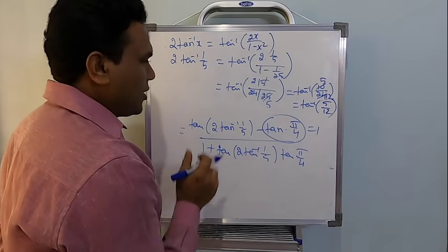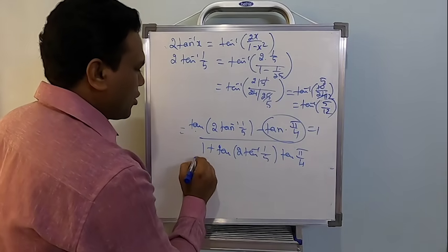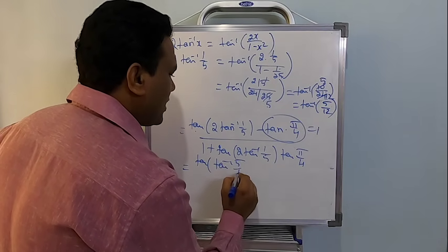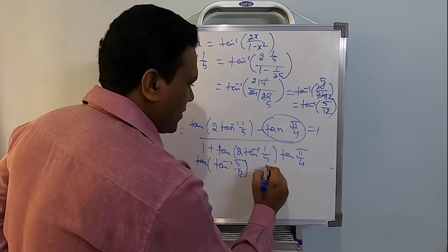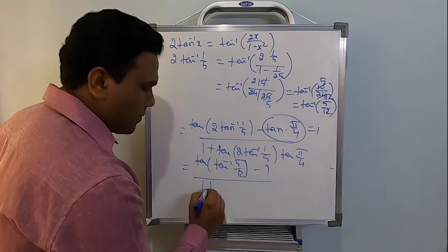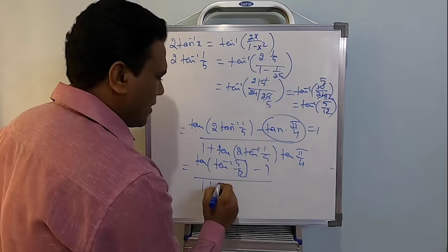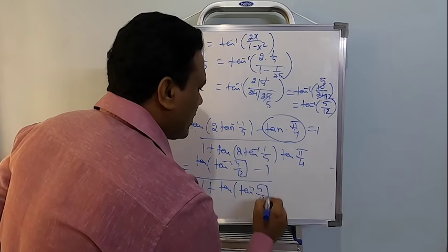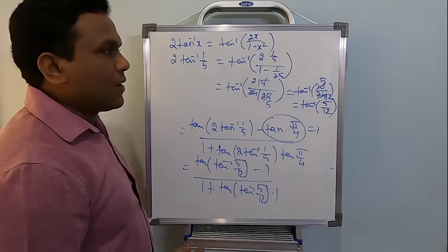So let us replace the value in the numerator. Tan of tan inverse 5 by 12 minus tan pi by 4, which is 1. What is the denominator now? Denominator is 1 plus, again the same value, tan of tan inverse 5 by 12 multiplied by 1.